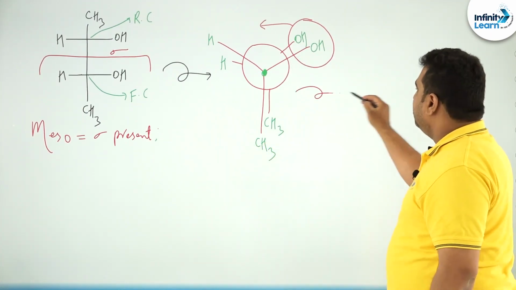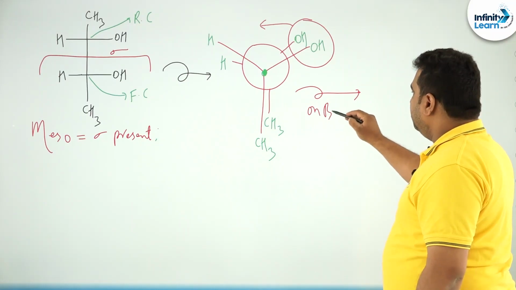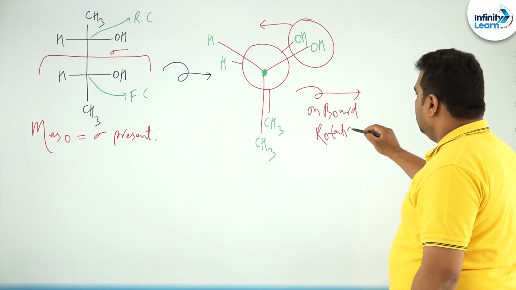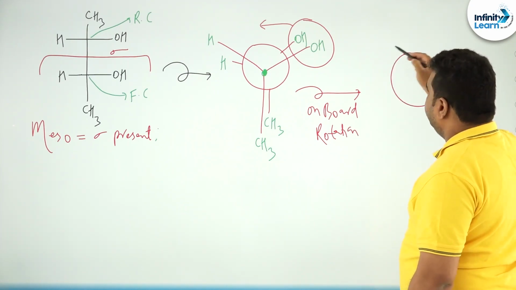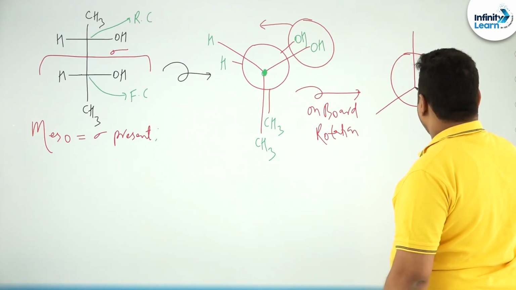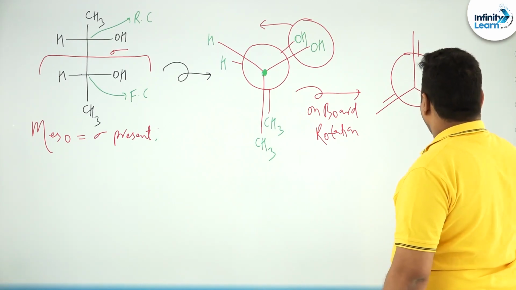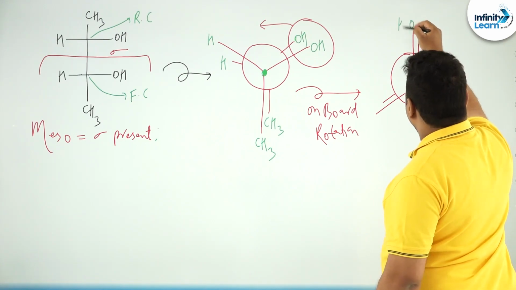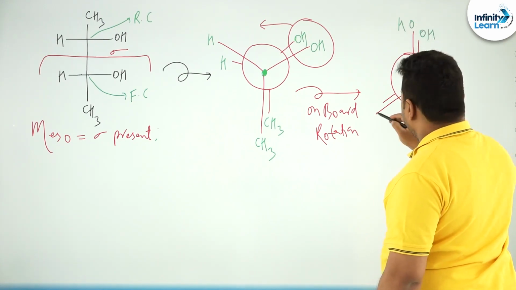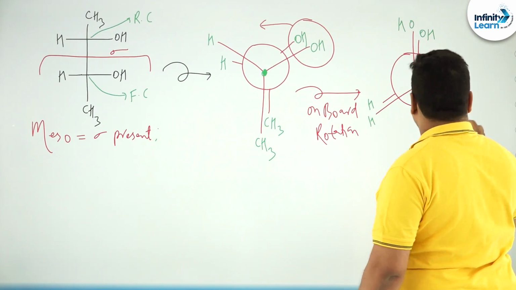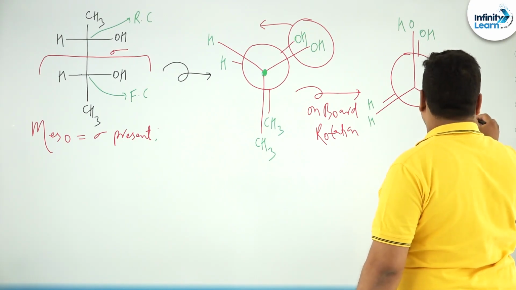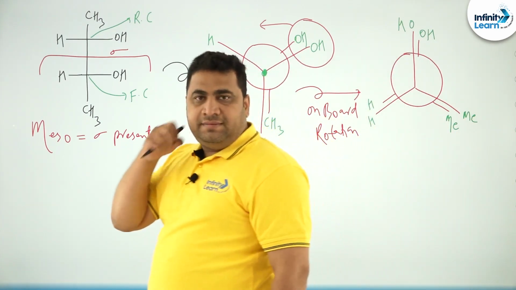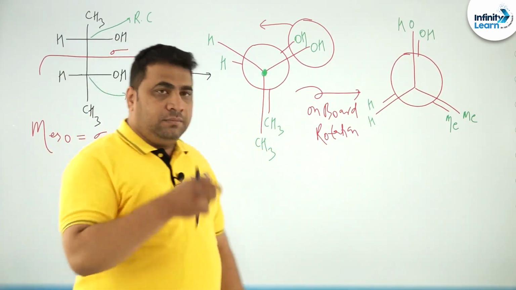If you do the rotation, then this OH will come here, this H comes here, and this methyl, Me, comes here. Done? So this is the basic background of the question, right?